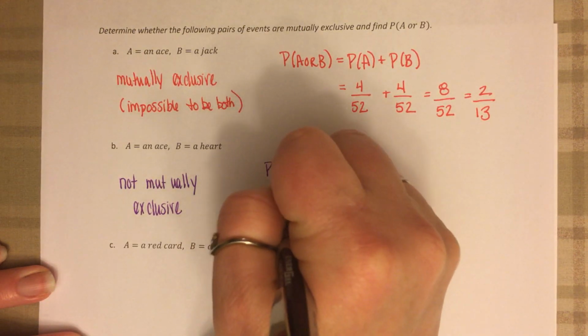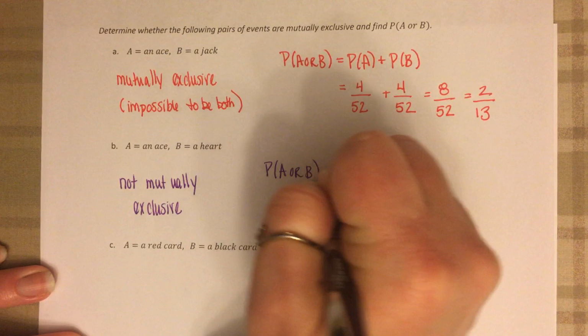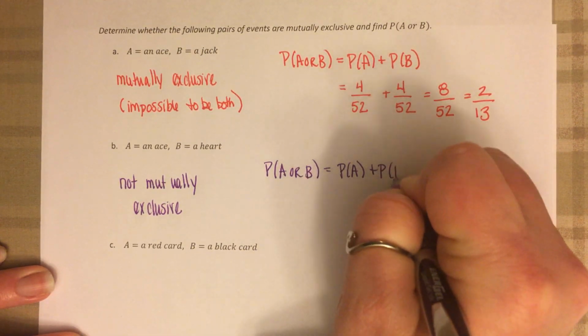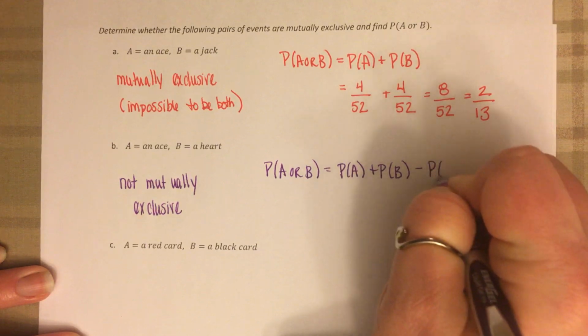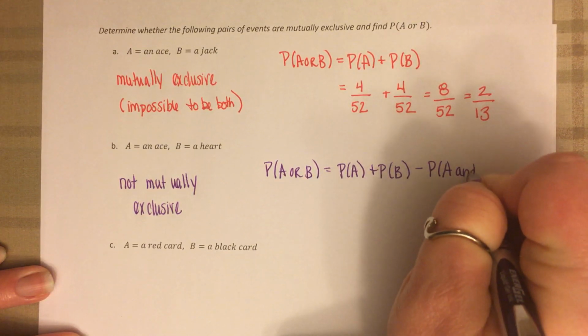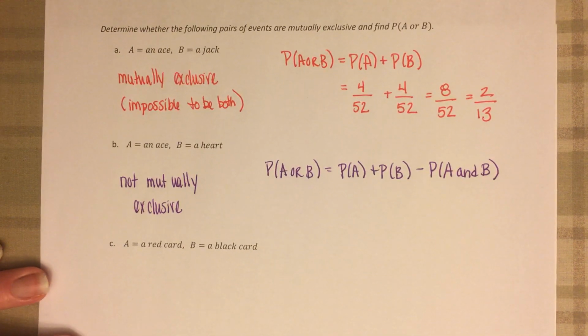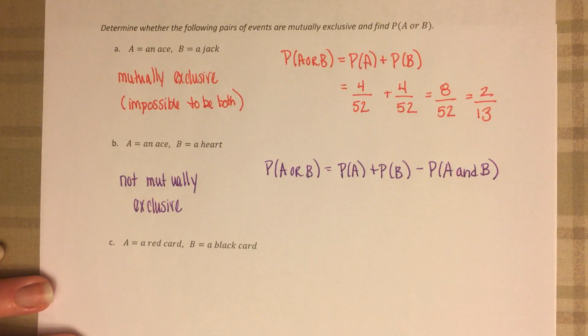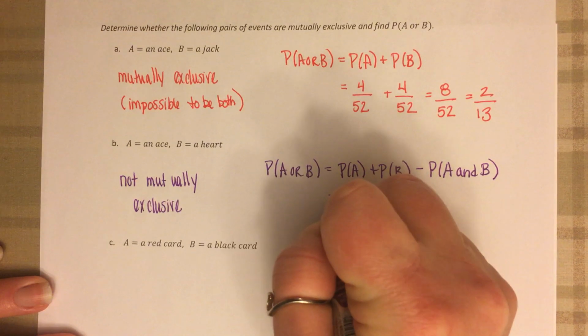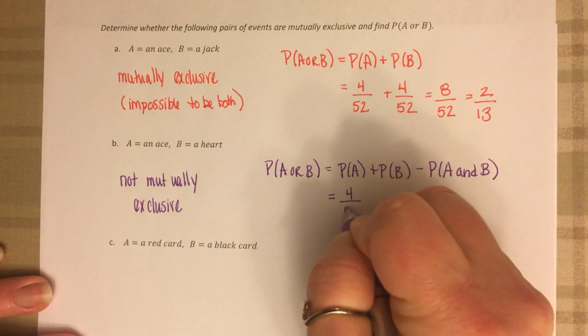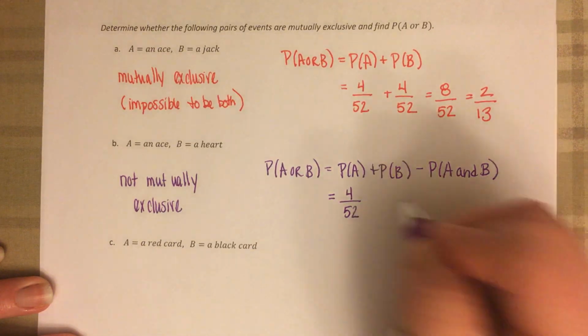So in this case, our probability of A or B is going to be the probability of A plus the probability of B minus the probability of A and B. We have to do a subtraction because there is at least one thing that is both. So our probability of drawing an ace: we have 4 out of 52 cards that were aces.